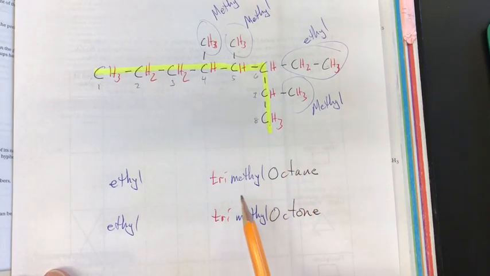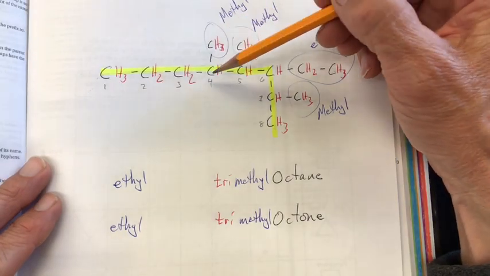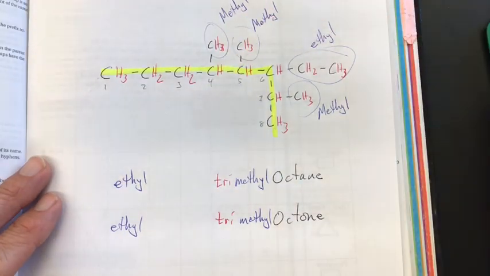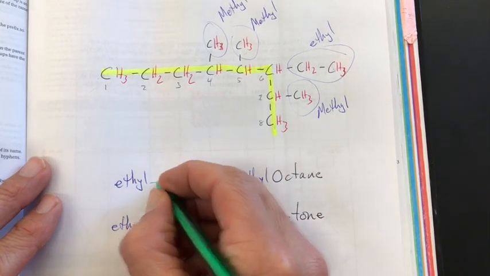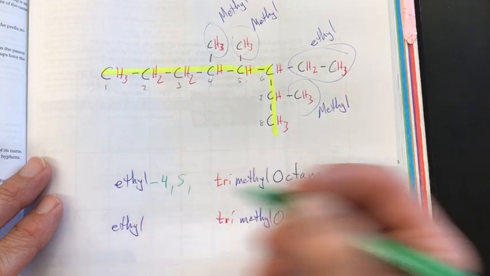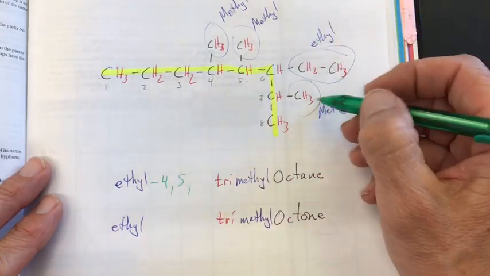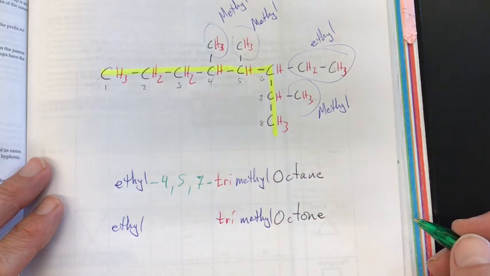Now we want to name it with the lowest number. So let's start going this way. Here we have 4, so we would name this dash 4, comma 5, comma 7 dash trimethyloctane.